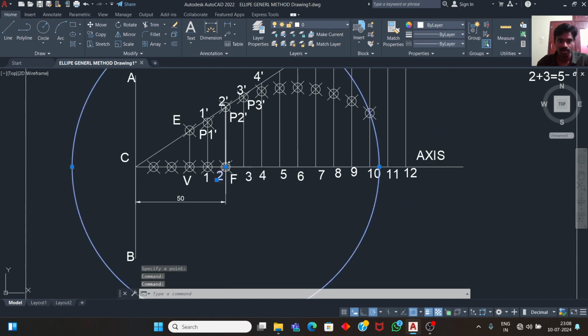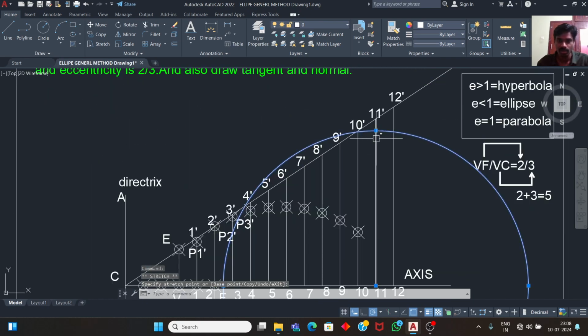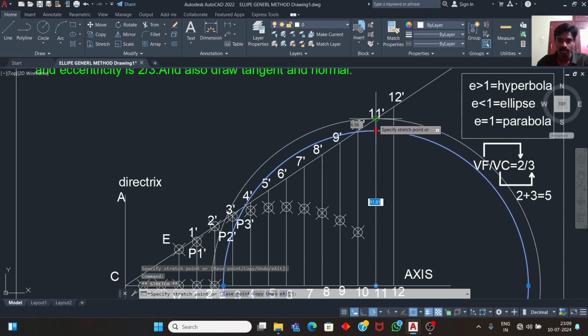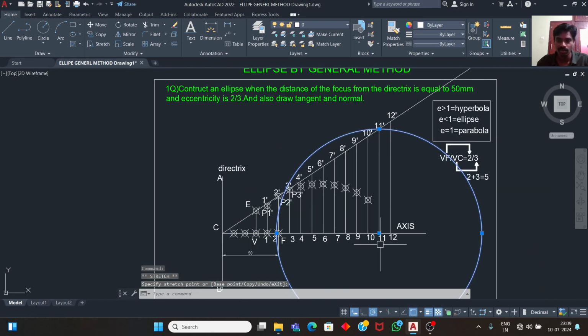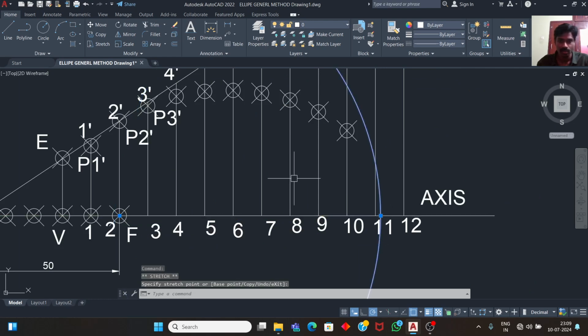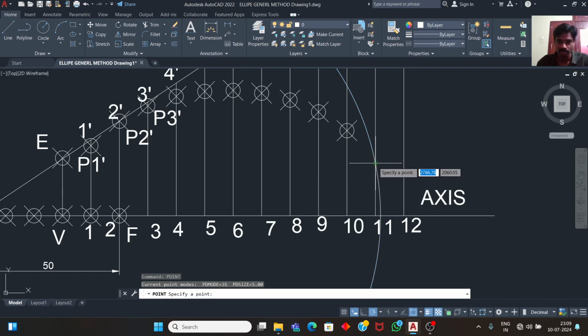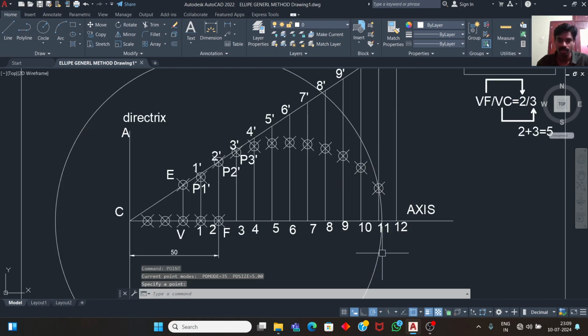Next, use the same circle and increase the radius 11 to 11 dash and move to focus. Locate the point. 11th line completed.